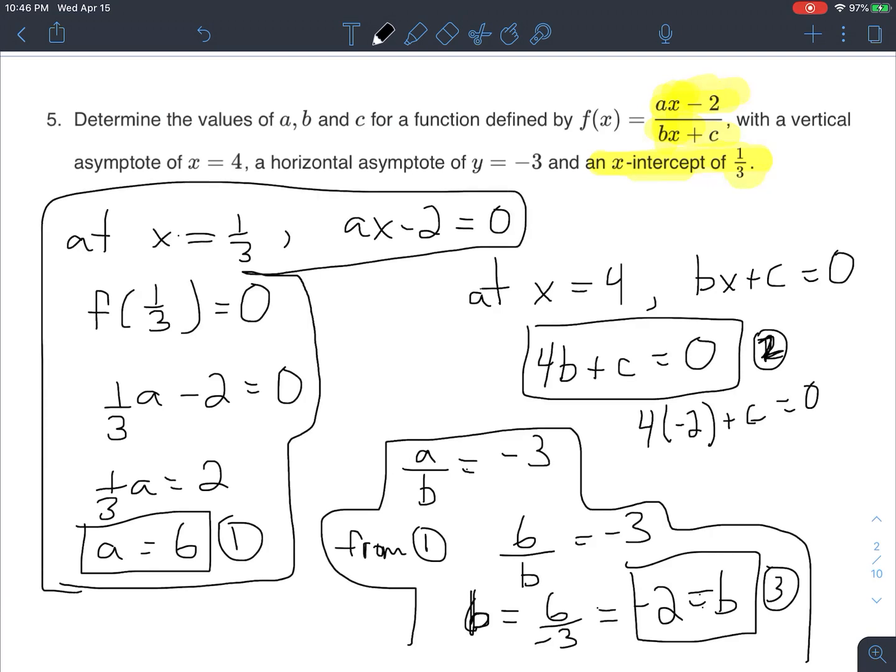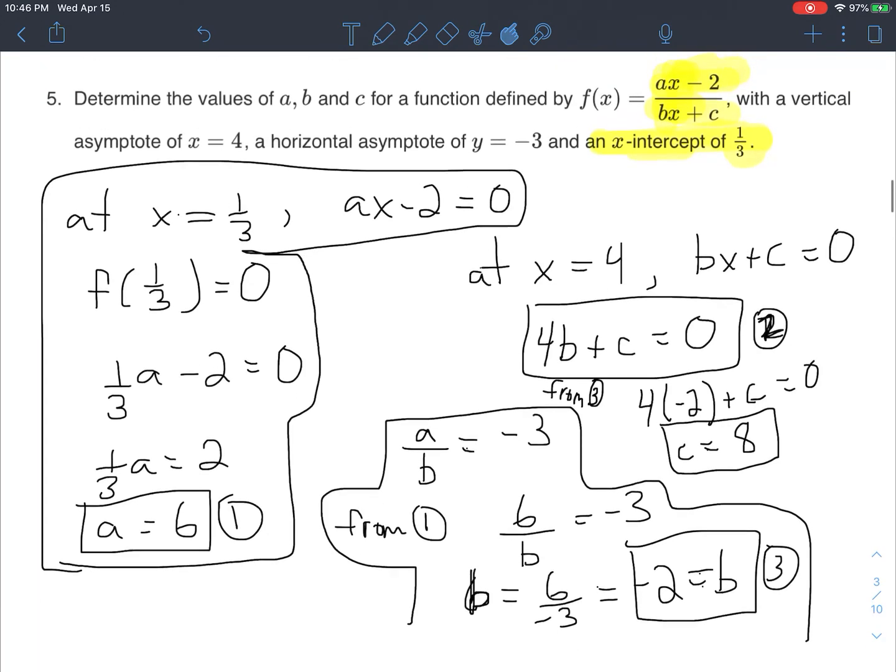And this one right here is from 3. From equation number 3, we got that b is equal to negative 2. And so we know that c is equal to 8. There we go. So a is 6, b is negative 2, and c is 8.